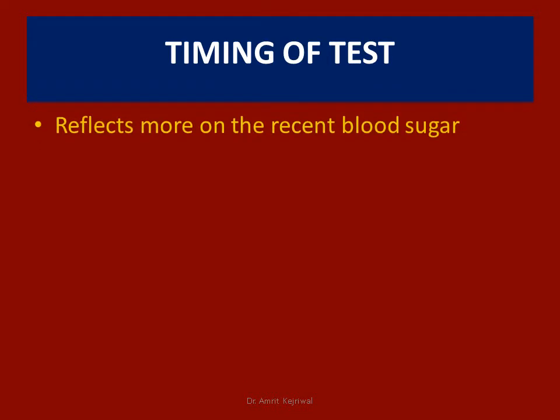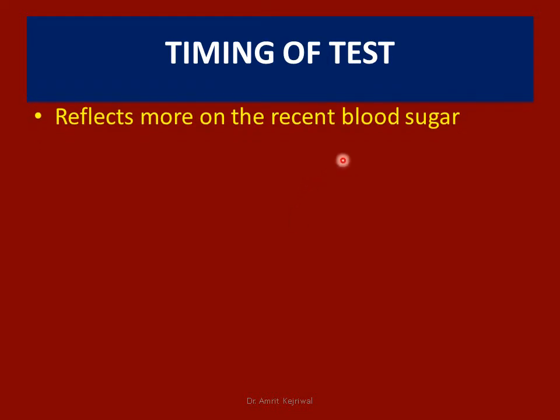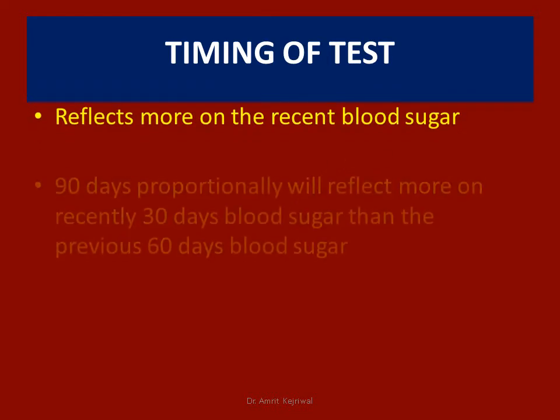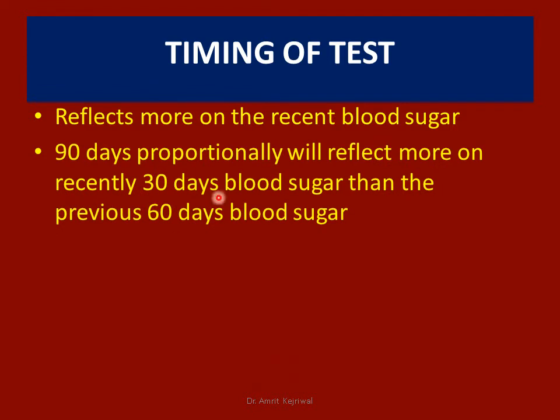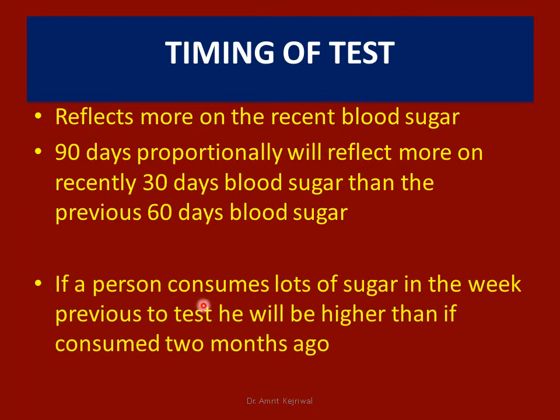Timing of test. It reflects more on the recent blood sugar, and 90 days proportionally will reflect more on the recent 30 days of blood sugar than the previous 60 days. So if a person consumes lots of sugar in the week previous to the test, the level will be higher than if he had consumed the same amount 2 months ago.